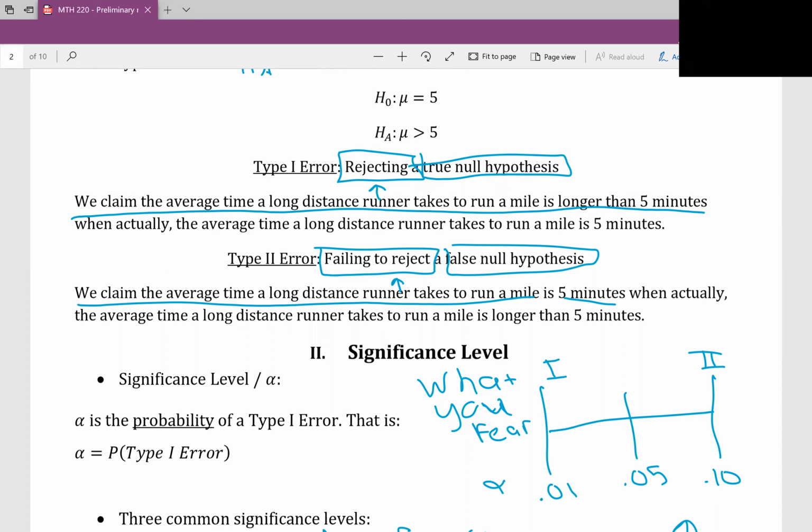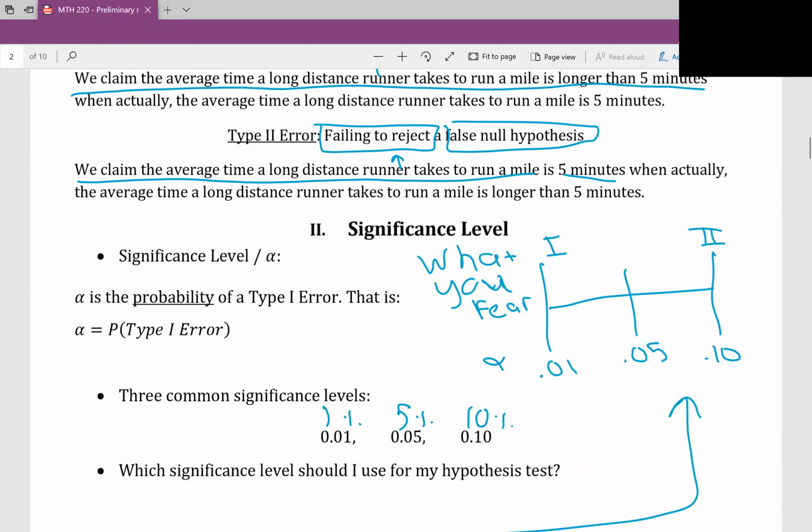So you want to make sure you're not going to make an error that will make anybody lose money. Now, the only thing more important than a company losing money is maybe a type 1 or type 2 error that results in death or the loss of life. Those are the types of things where you're going to write your errors and it's really going to sway you to either a type 1 is definitely worse or a type 2 is definitely worse. If you read these errors above and you don't instantly see one as worse than the other, then it's totally okay to go with 0.05 right in the middle.